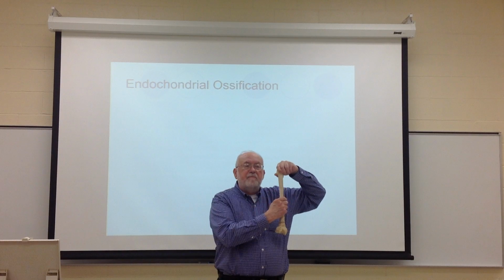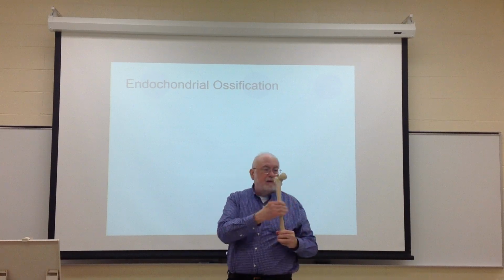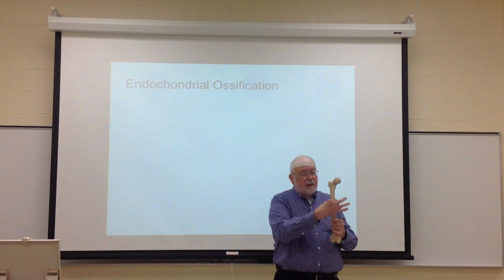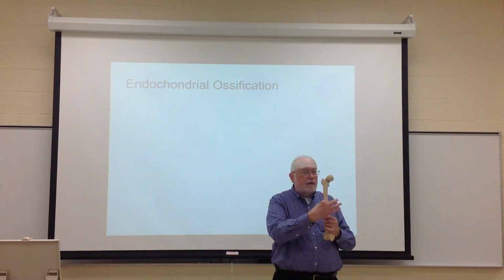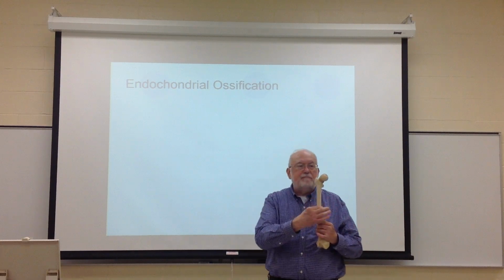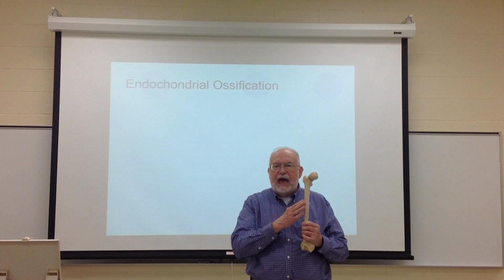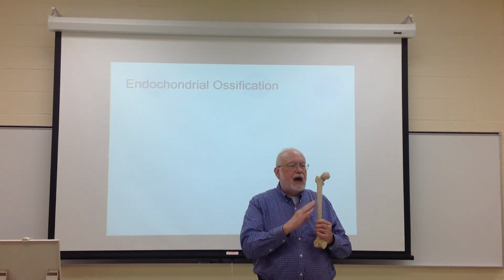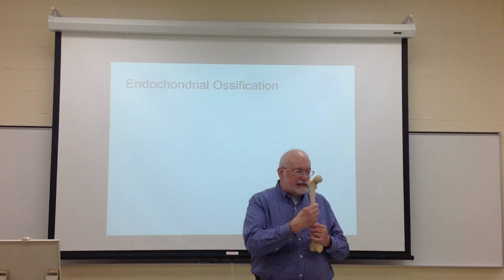So really just about the middle of the bone is where the bone will actually start forming. And so this membrane in this area gets thicker, more blood vessels start to enter. Some of the cells, and there will be some mesenchyme cells right under that connective tissue periosteum, will become osteoblasts.